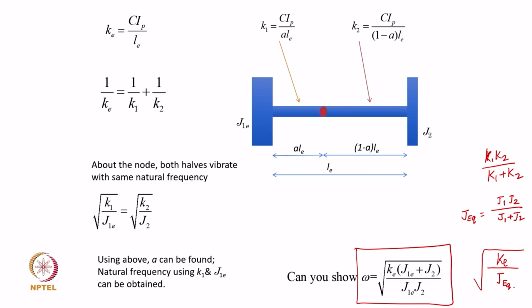That you will get by making use of all the expressions that we have derived in the earlier part. Okay. So, with this we now move over to another most important topic in the single degree of freedom system analysis.